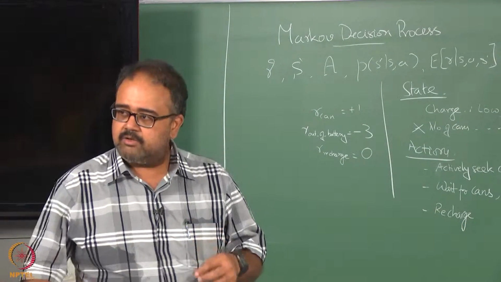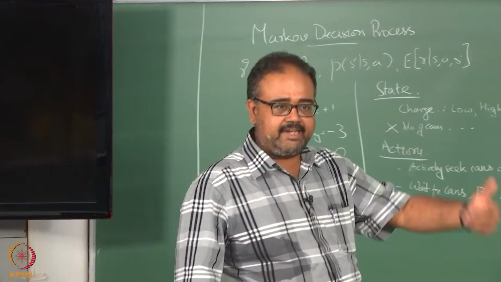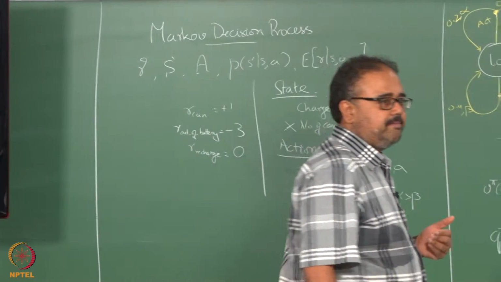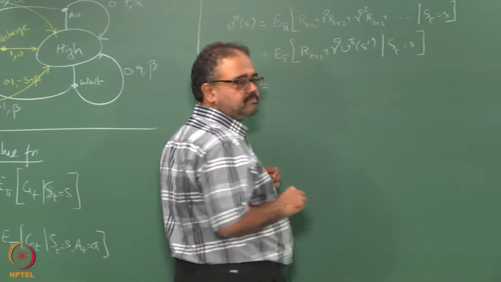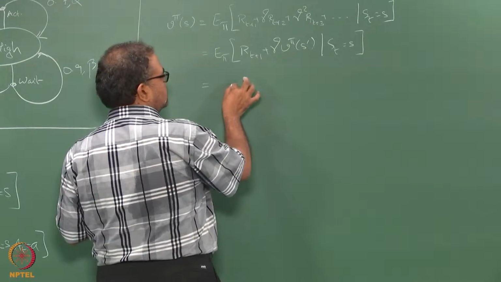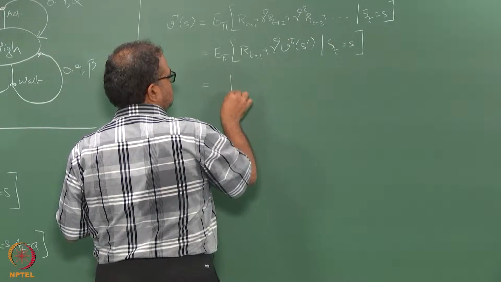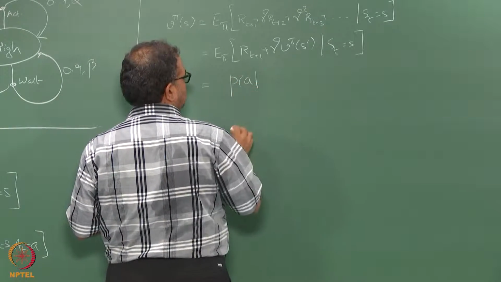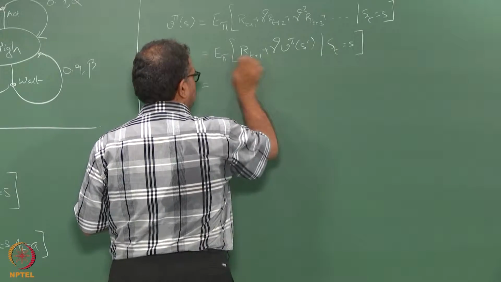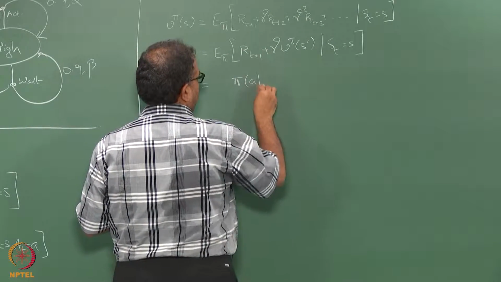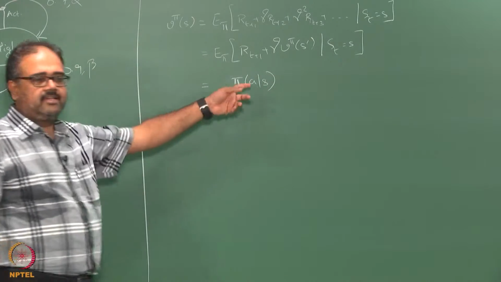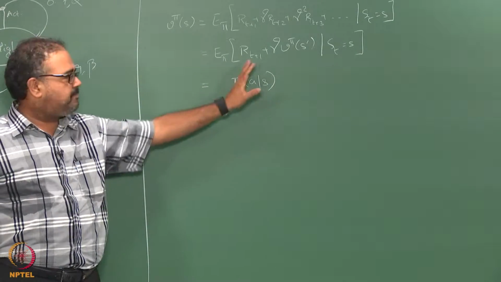So we are starting in state S and selecting actions according to policy pi. So what does that mean? You're using pi, and I am selecting actions according to policy pi.